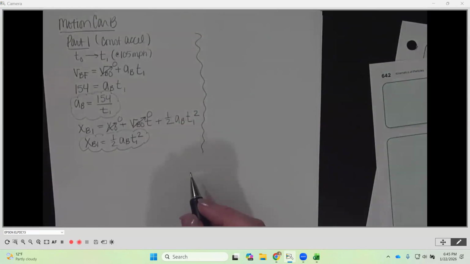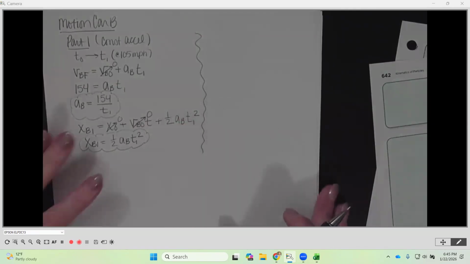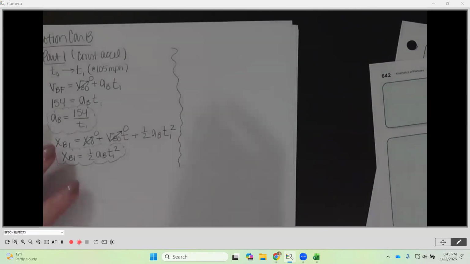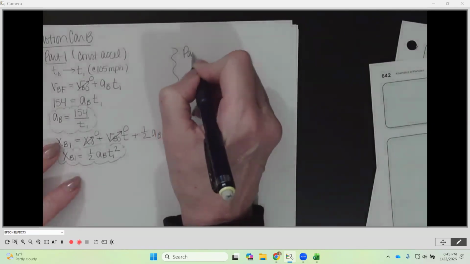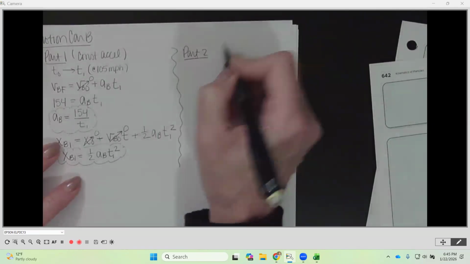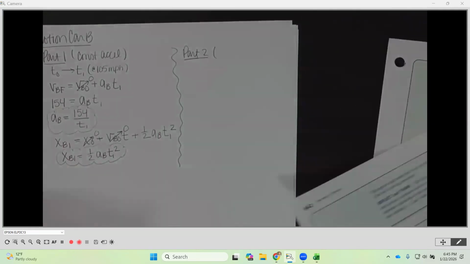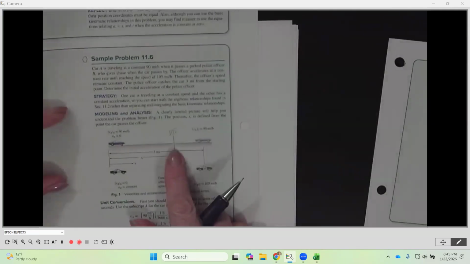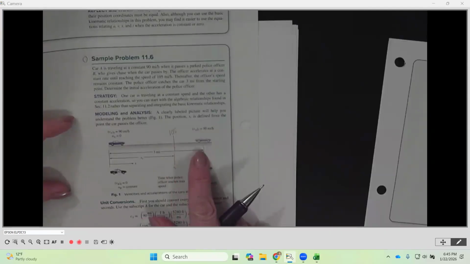Let's look at part two, okay? After the police car gets to 105 miles per hour. So part two, okay? Now, the police car gets to 105 and it's going to go at a constant rate, okay? A constant rate.